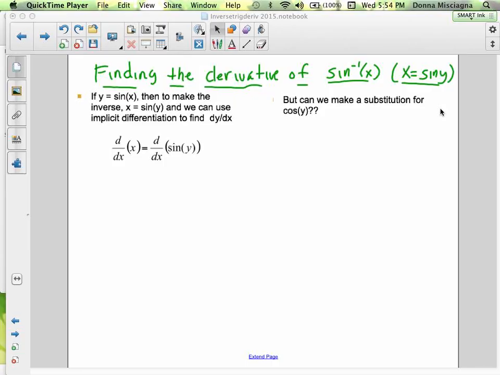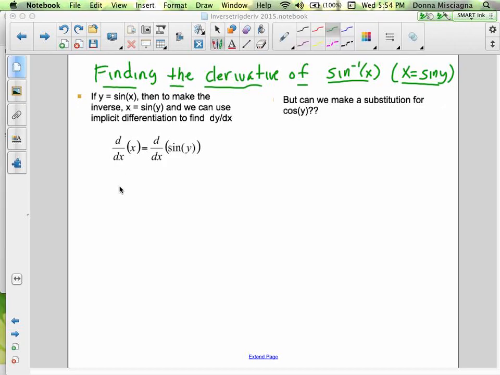Right, so if we're using implicit differentiation, we need to take the derivative of both sides. The derivative of x with respect to x is just 1. The derivative of sine y with respect to x is going to be the derivative of the outside, the derivative of sine, so that would be cosine y, times the derivative of y with respect to x.